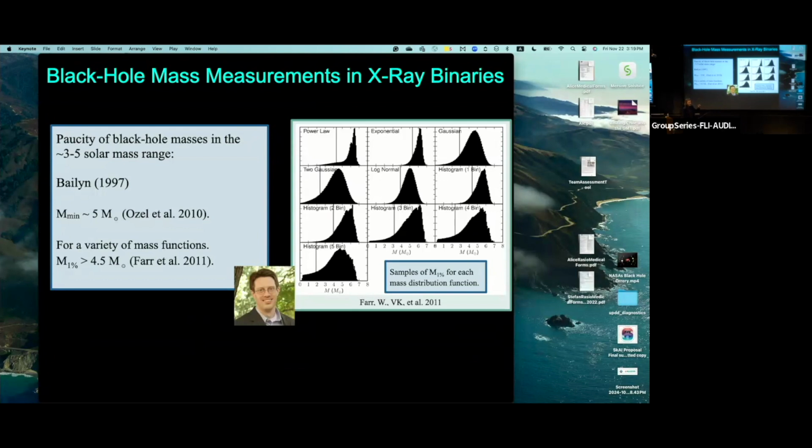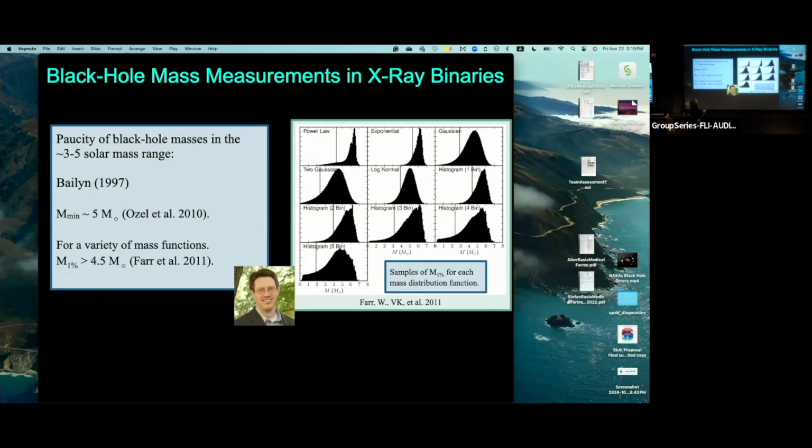Okay, so in a way, we're calculating for different models what is the minimum black hole mass. And it's not a number, it's a PDF. It has uncertainty. So for 10 different models, we're calculating the PDF of this M1% as the minimum mass.